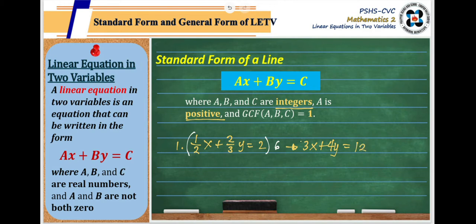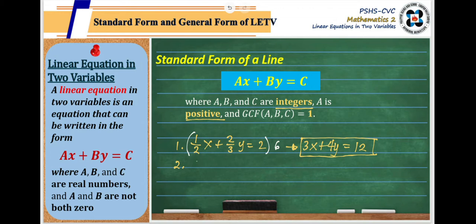So we were able to write the standard form for that line. Here, the condition that a, b, and c are all integers is satisfied. And then observe that a is positive. The value of a is positive 3. And looking at the values of a, b, and c, which are 3, 4, and 12, the greatest common factor is equal to 1.